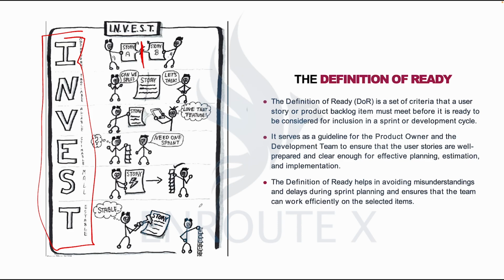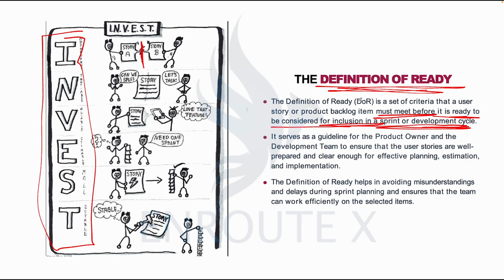Right? So moving further, the definition of ready. Under the definition of ready, we have a set of criteria that a user story or product backlog item must meet before it is ready to be considered for inclusion in a sprint or development cycle.